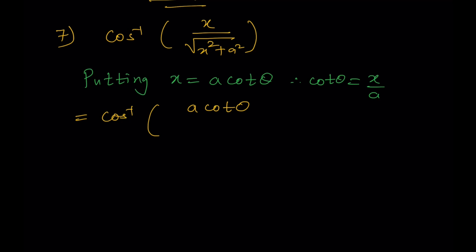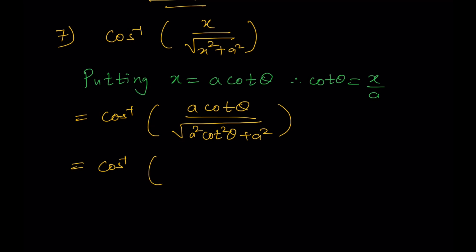Fine. So let's substitute. When you substitute x as a cot theta, you will get cos inverse of a cot theta upon square root of a square cot square theta plus a square. So cos inverse of a cot theta upon, now cot square theta plus 1 is cosec square theta, a square cosec square theta, root of that, so a cosec theta.